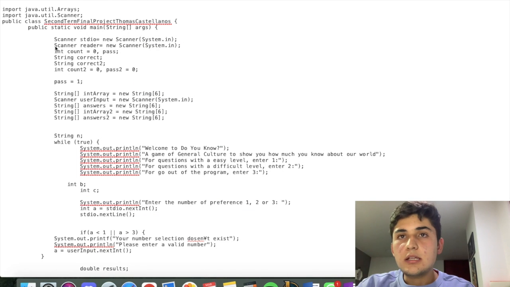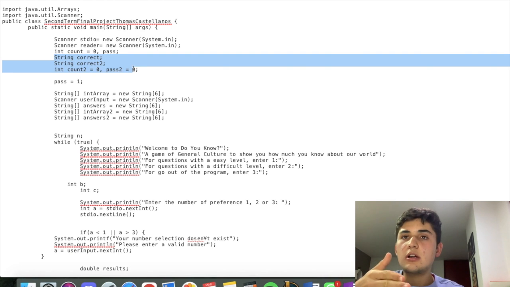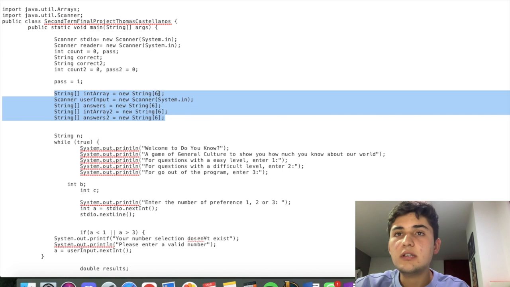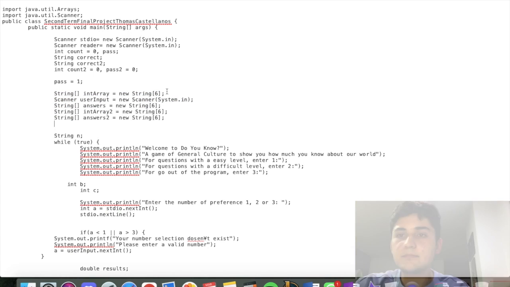This part is for the program to know which answers are correct and which are not. I also have these strings with int arrays, which mean how many questions and answers I have, or rather, the person will answer.